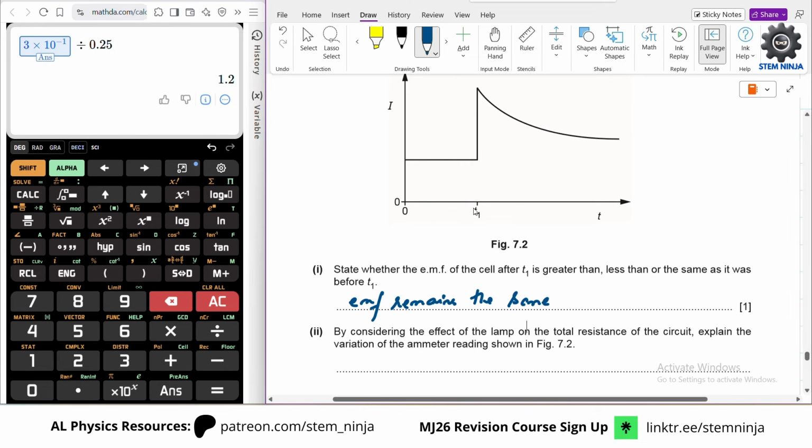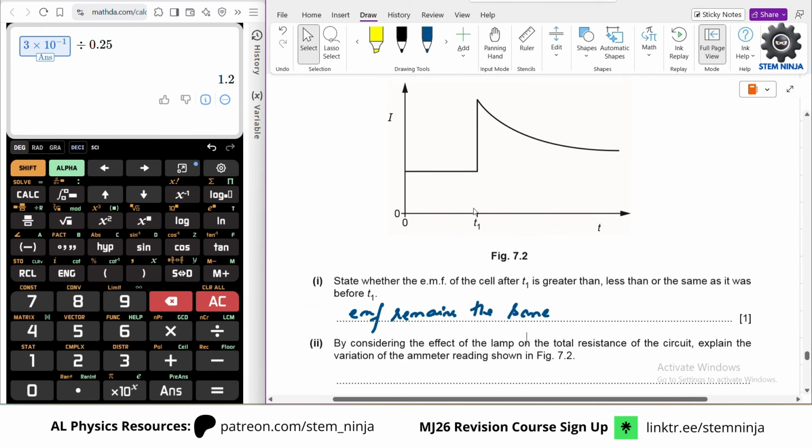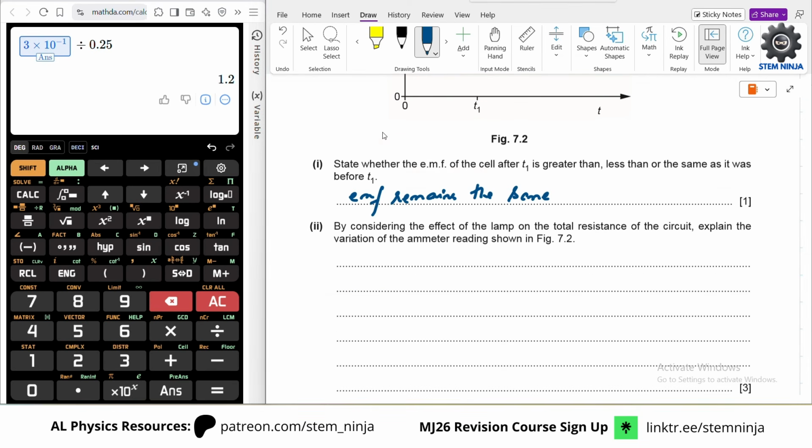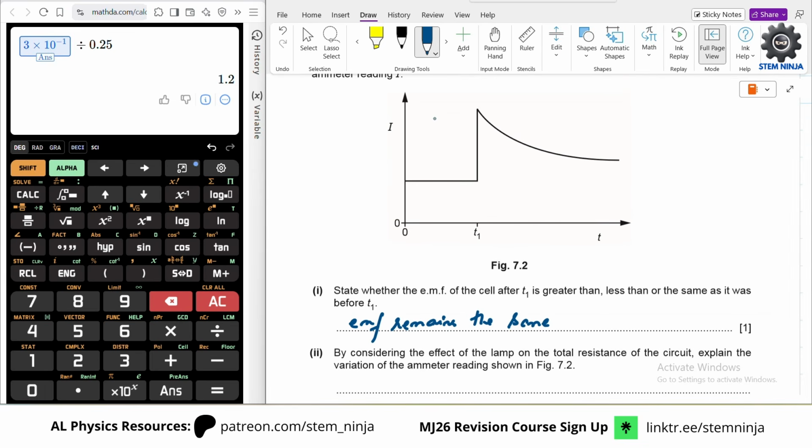By considering the effect of the lamp on the total resistance of the circuit, explain the variation of the ammeter reading shown in figure 7.2. Okay. So basically we have to explain the entire variation. So basically why the current jumps and then why it gradually declines like this. So why does it increase?